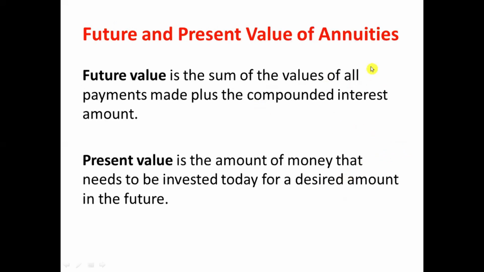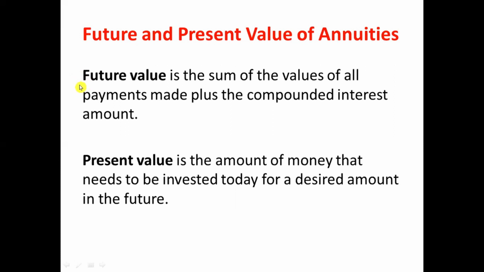Now, for the concept naman of future and present value. So, future value is the sum of all payments made plus the compounded interest amount. So, again, sa annuities, we pay in regular intervals and then na-apply sa kanila ang interest. Future value is basically the sum kapag nagawa mo na every payment while na-apply na rin yung interest sa future.